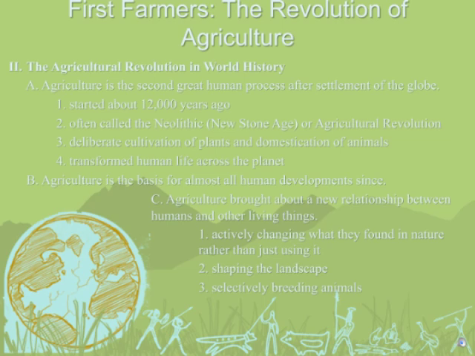Agriculture is the basis for almost all human development since, as I mentioned earlier, going all the way up to modern times, and really the United States being a rarity even today. And of course, agriculture brought about a new relationship between humans and other living things, nature, landscape, and of course, selective breeding among animals, and even the change in some of our plants.